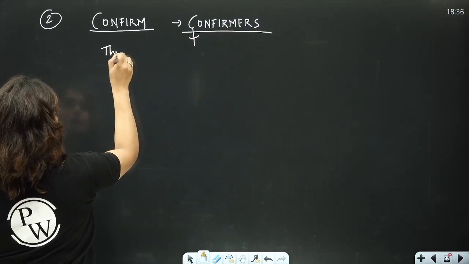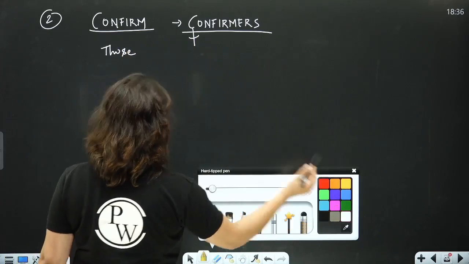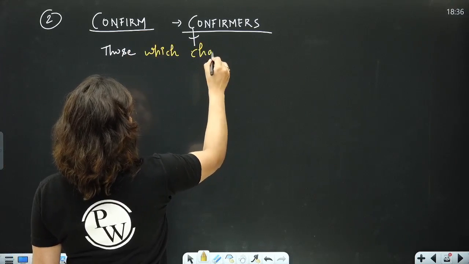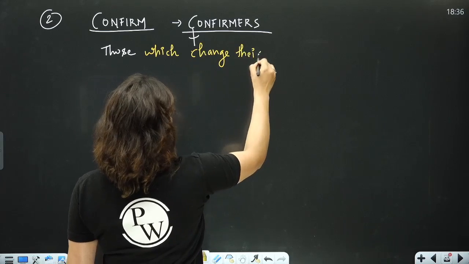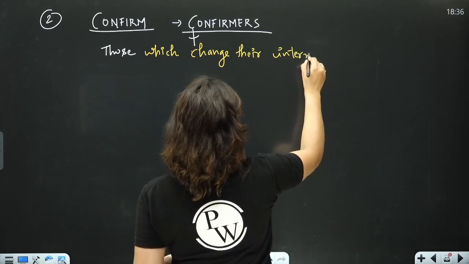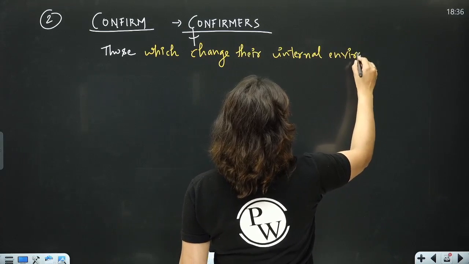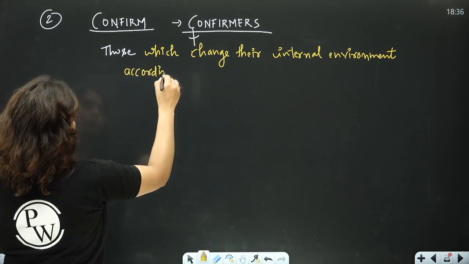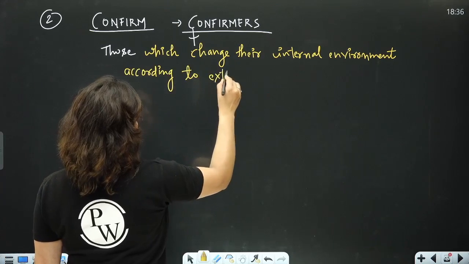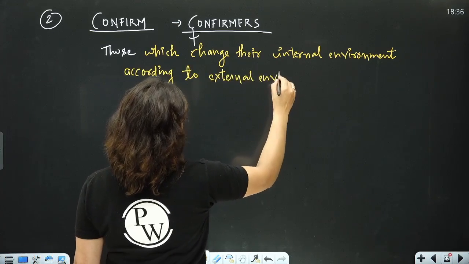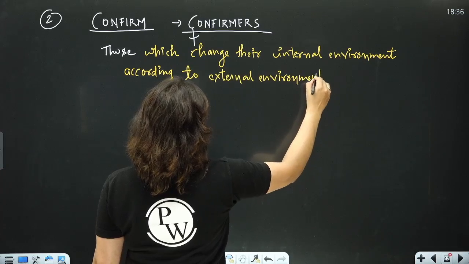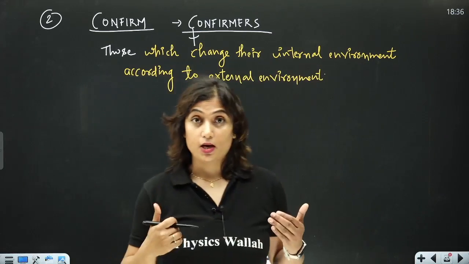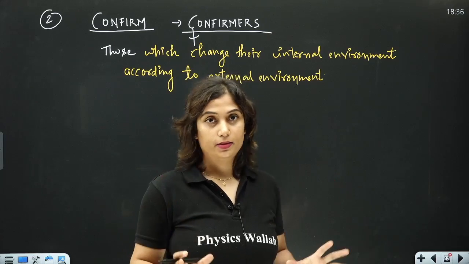Conformers are those organisms which change their internal environment according to the external environment. So they cannot maintain their internal environment. They change according to their outer environment.